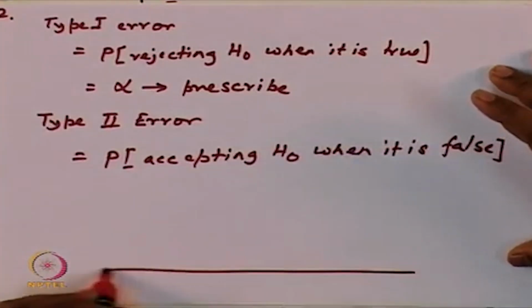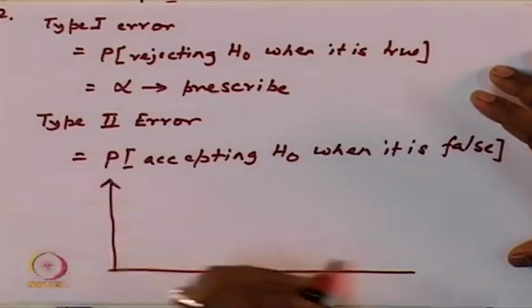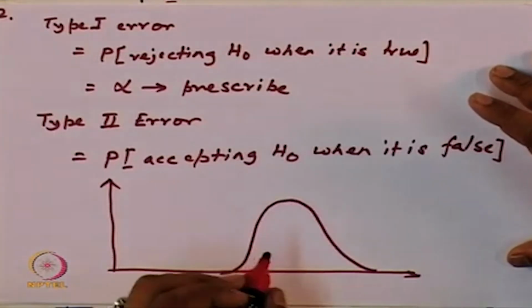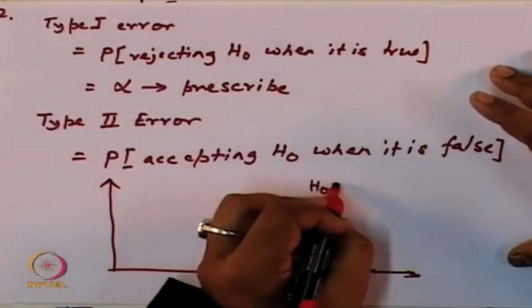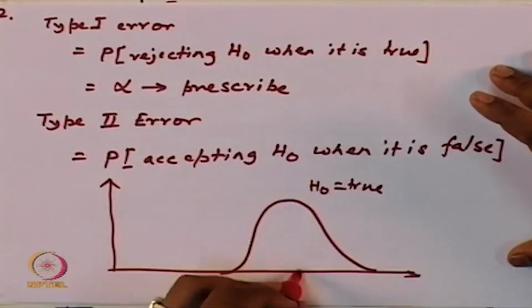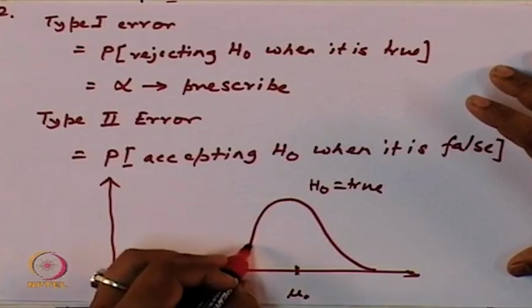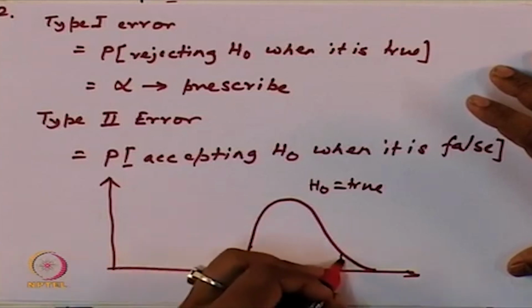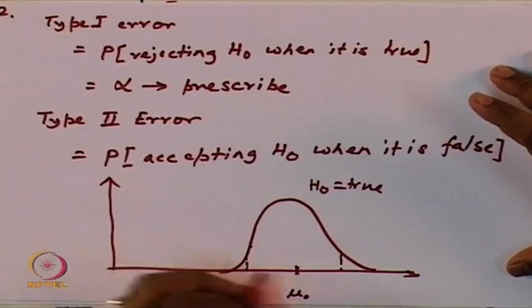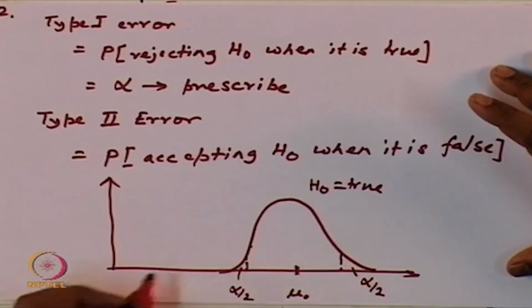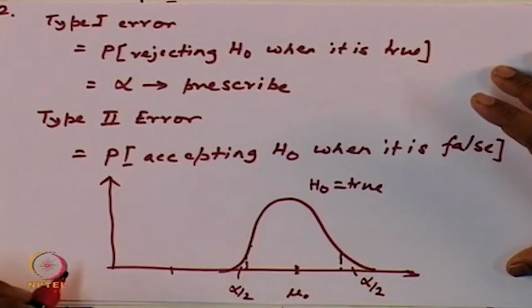So, if I draw, let us say this is your H naught equal to true. This is your mean and this corresponds to mu naught. For a two-tailed test of hypothesis, this is your alpha by 2, this is your alpha by 2. Now, let us say your sample gives you a mean of mu a, which is different.